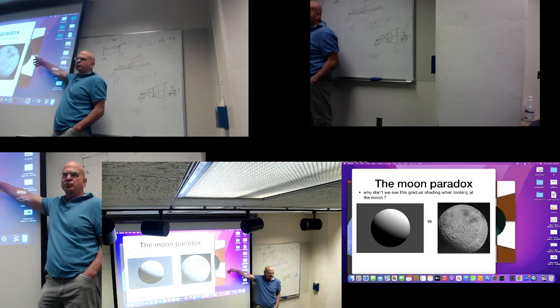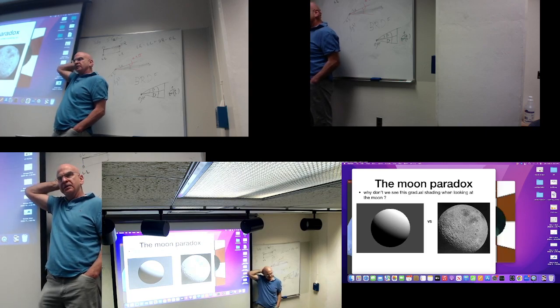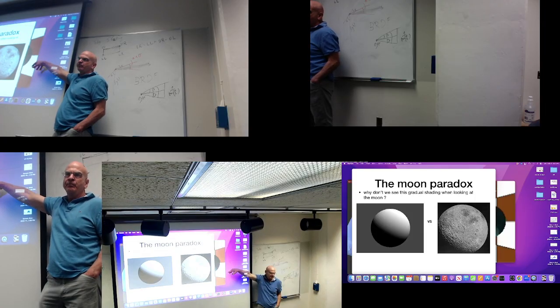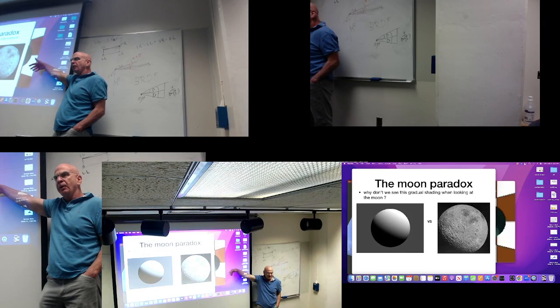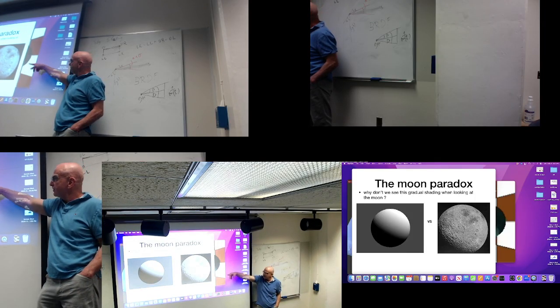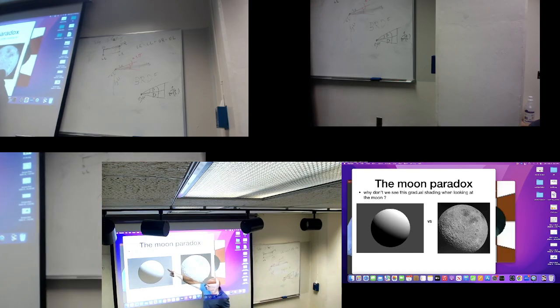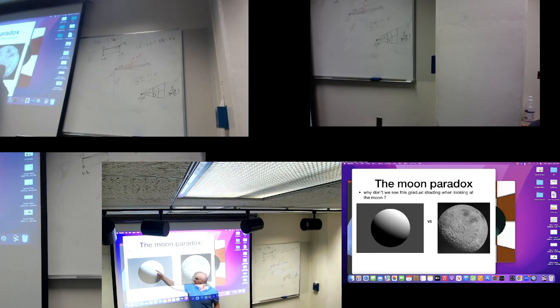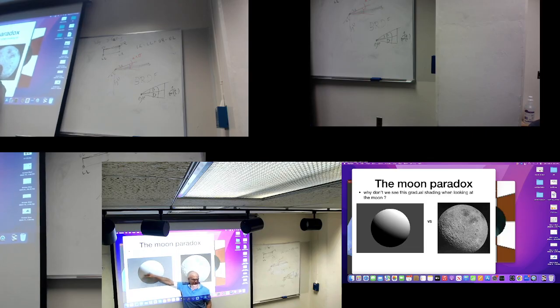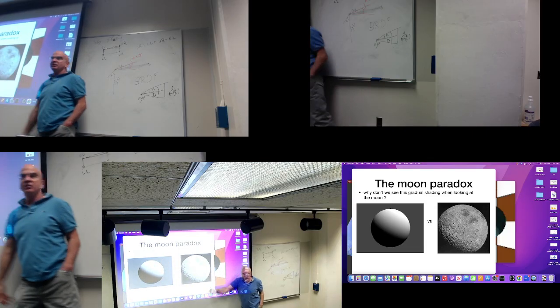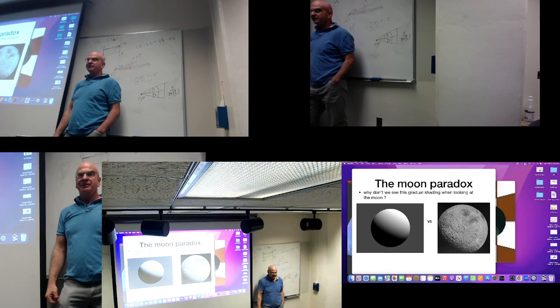Yeah, but that's not the effect. You sometimes see a portion of the moon, but you don't see such a dramatic effect. The dark side of the moon is the dark side of the moon, but the illuminated side is almost uniformly illuminated. So how come?